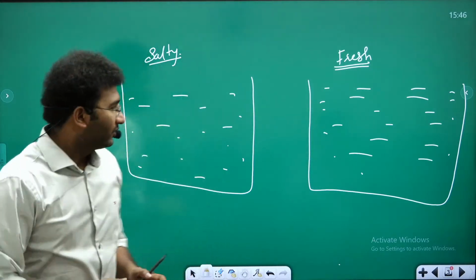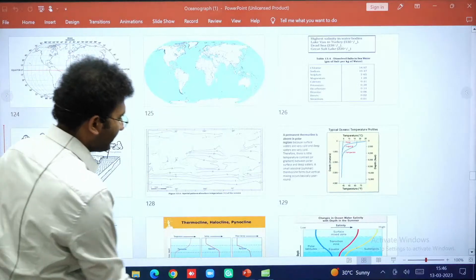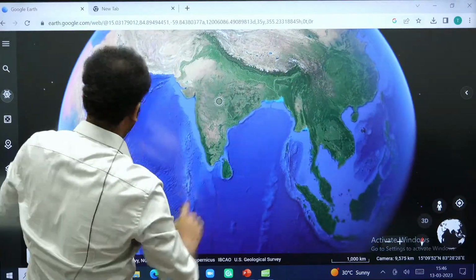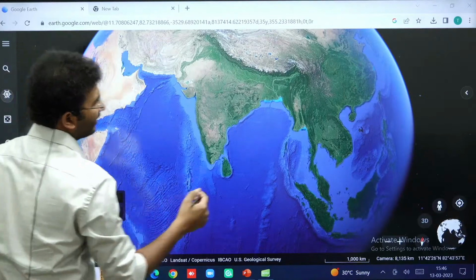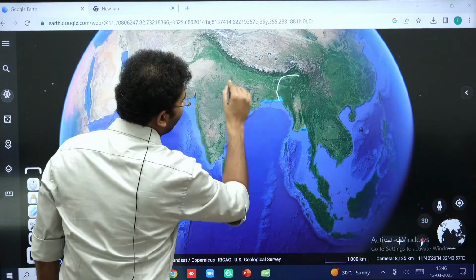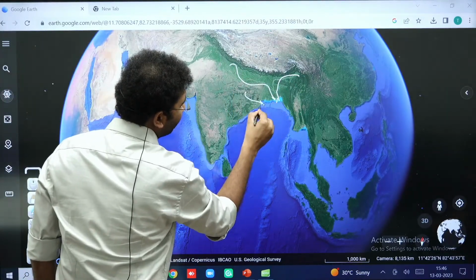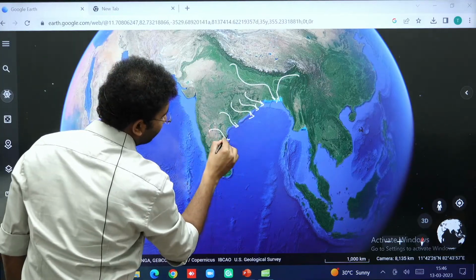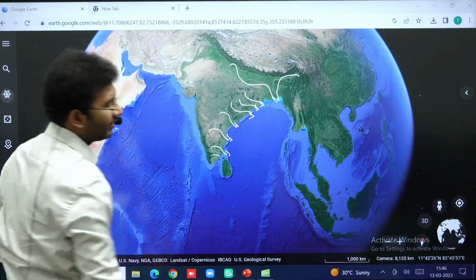So if you broadly look into the Arabian Sea and Bay of Bengal, you will understand that. Look, in the Bay of Bengal from here you have Brahmaputra, Ganga, Brahmani, Baitarni, Mahanadi, Godavari, Krishna, Kaveri, and multiple rivers.